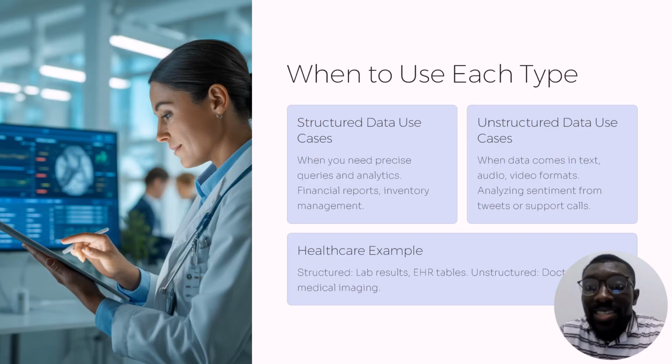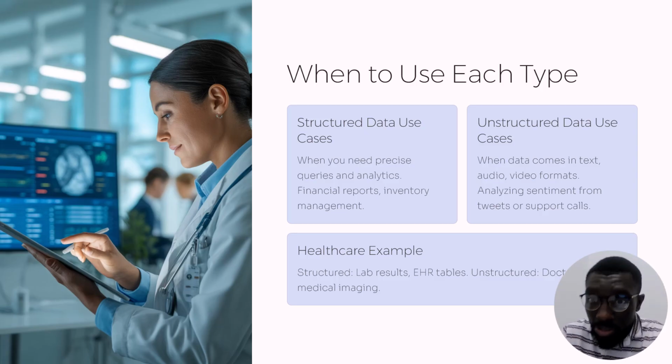So when do we actually use each type? Well, in the structured data case, we use that when we need precise queries and analytics, like financial reports and inventory management.